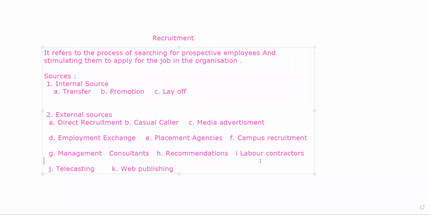Basically, employment exchange is a government body, and whosoever has completed their qualification can submit their details in the employment exchange, and wherever any vacancy is generated for peons, typists or clerks, they make a call to the person. So that is the employment exchange.